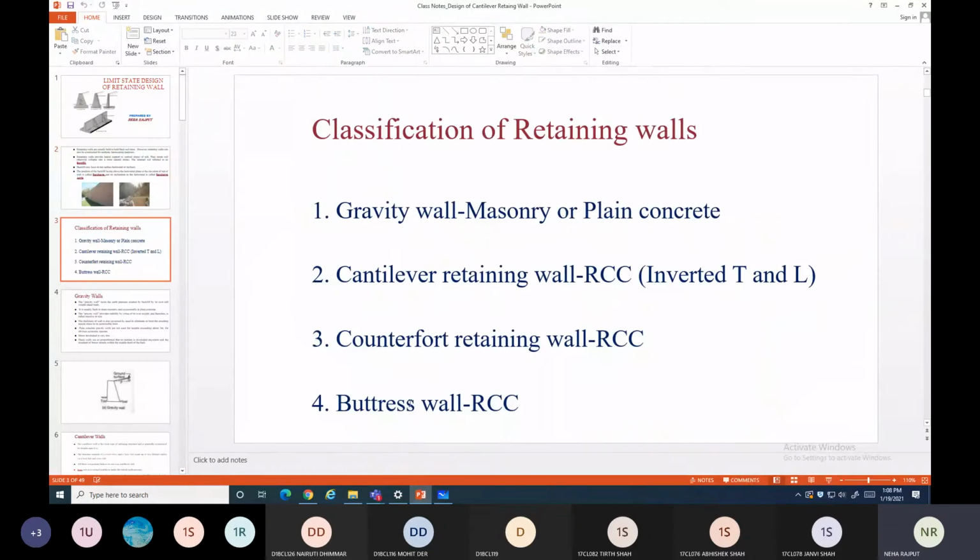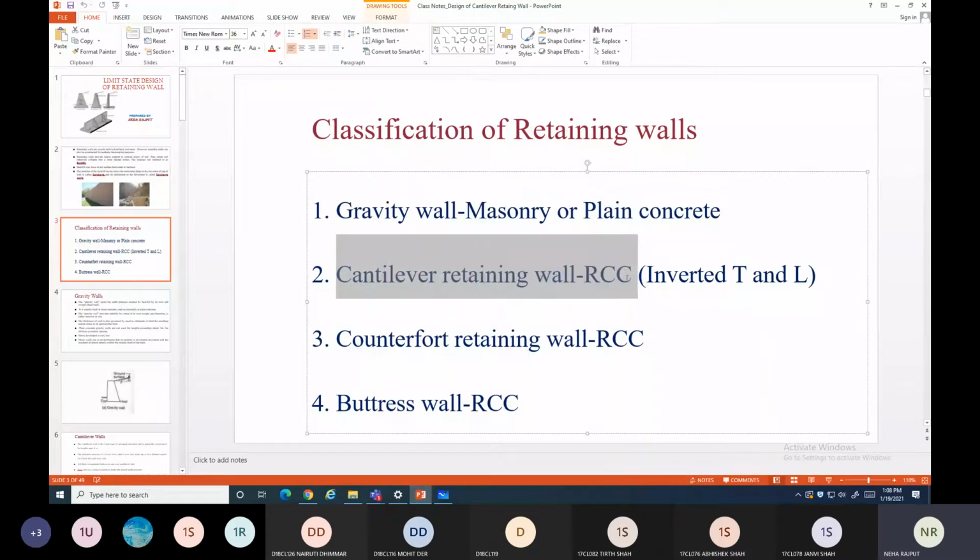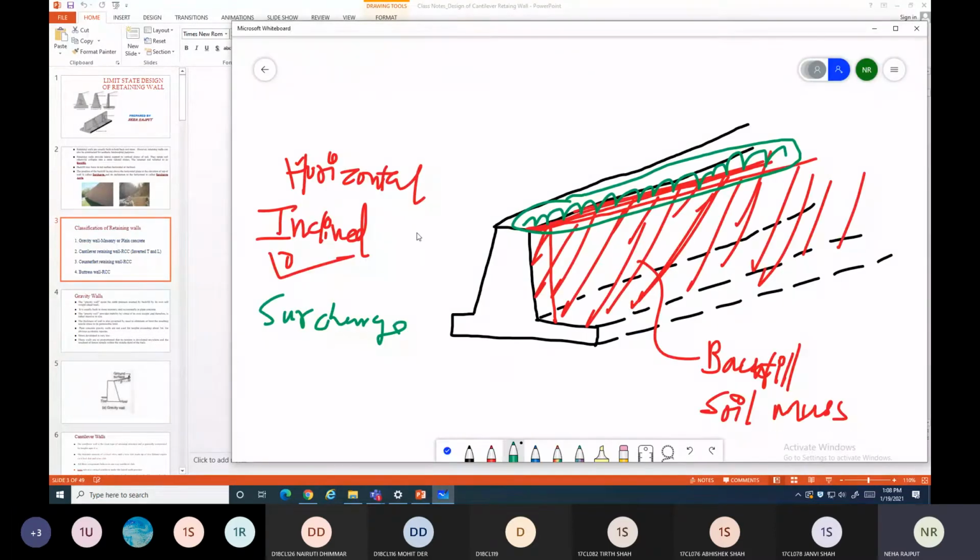Now the classification of retaining walls: first is the gravity wall, masonry or plain concrete, as explained. Then second is the cantilever retaining wall, inverted T and L. This is the inverted T shape, and this retaining wall may be of L shape also.